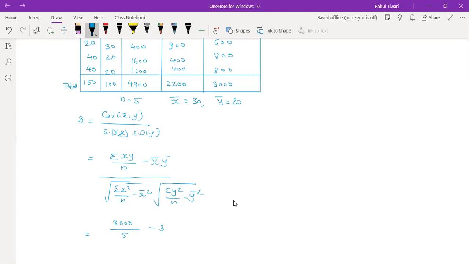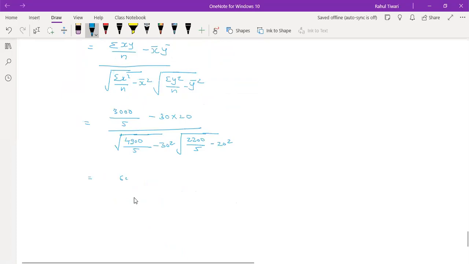Whole thing divided by 4900 upon 5 minus 30 square and 2200 upon 5 minus 20 square. So how much is it? 600 minus 600. 600.